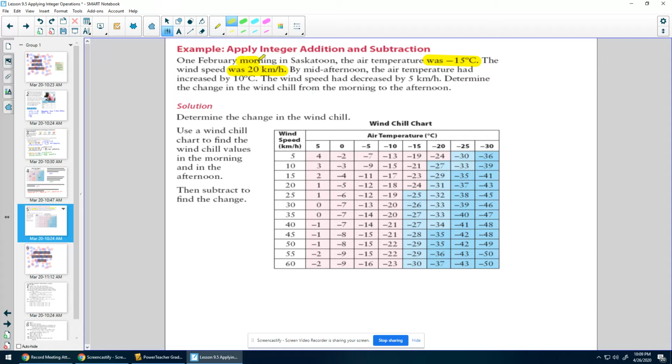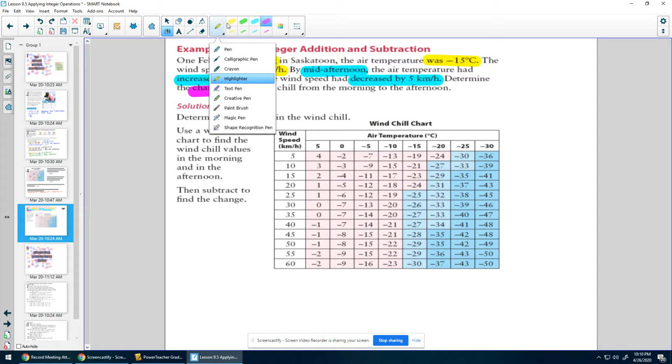This was morning. That's what we started with. Then, mid-afternoon, air temperature had increased by 10, and the wind speed had decreased by 5. And we want to know what the change in the wind chill from the morning to the afternoon is.